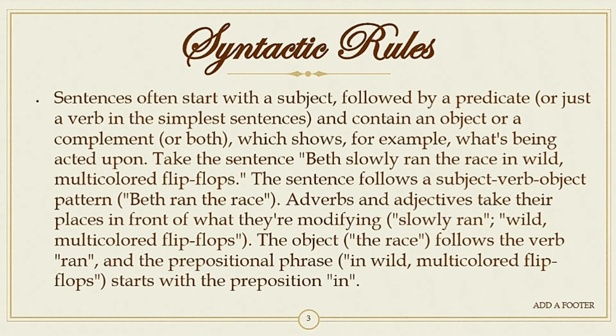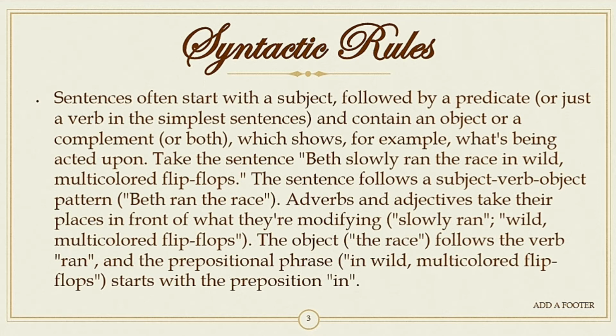Sentences often start with a subject followed by a predicate, or just a verb in a simple sentence, and contain an object or a complement, or both, which shows, for example, what's being acted upon. Take the sentence, Beth slowly ran the race in wild, multicolored flip-flops. The sentence follows a subject, verb, object pattern.